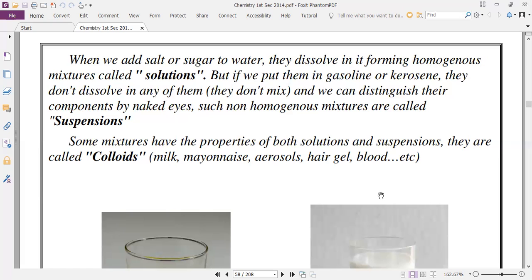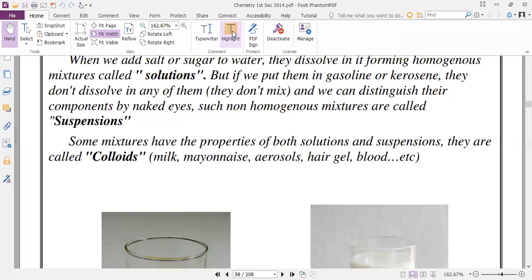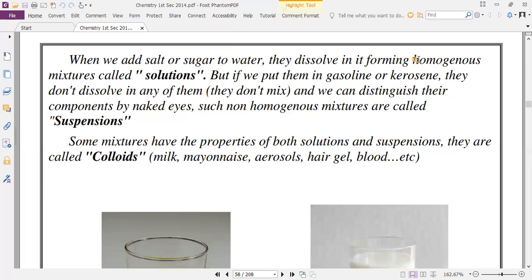So they call it a non-homogeneous or heterogeneous mixture. The first is called homogeneous, as solutions.